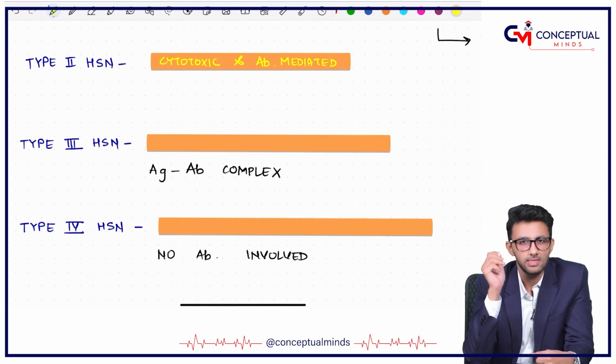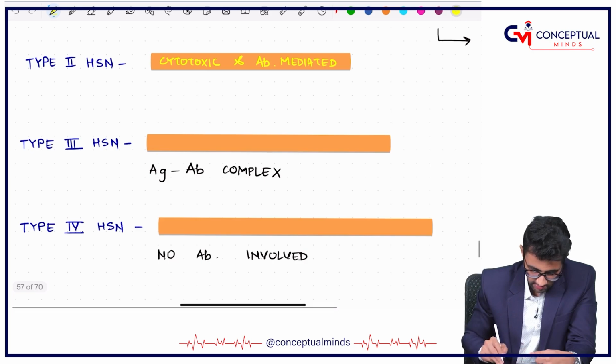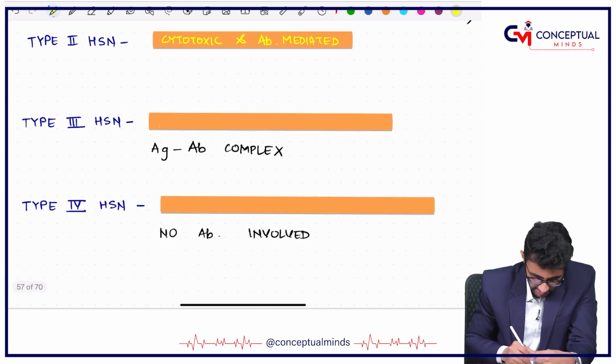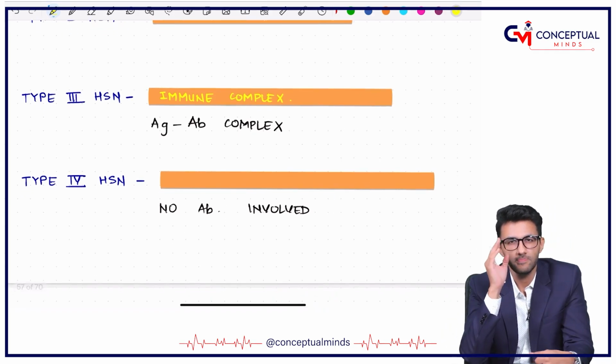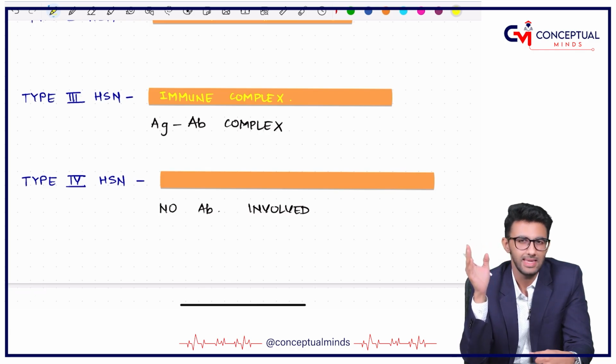I is for immune complex. Immune complexes are from the antigen-antibody complexes. So this is immune complex deposition. And how about the last one? D stands for delayed.